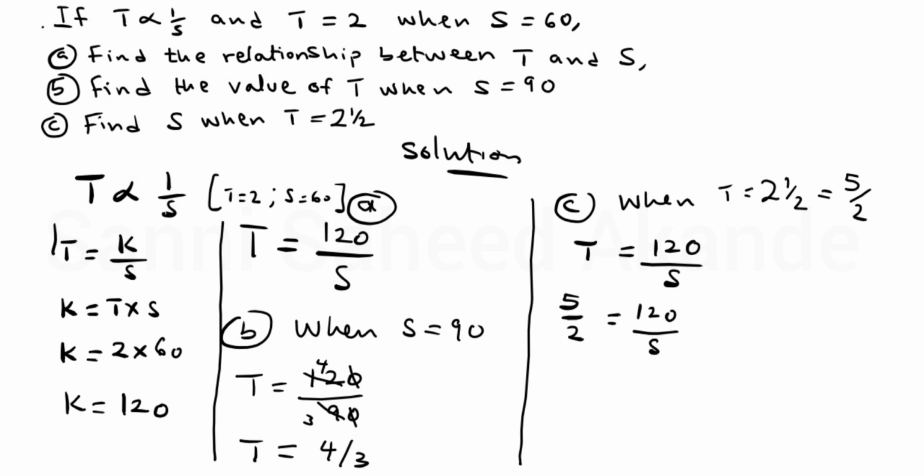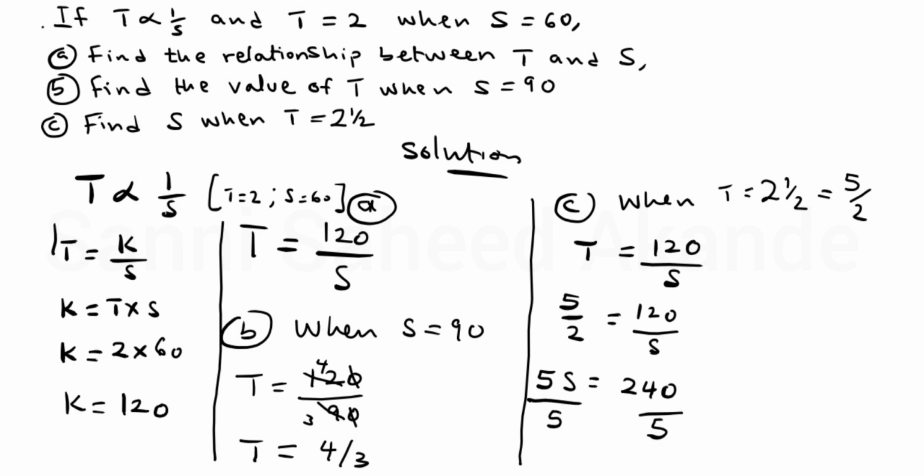Now when we cross multiply, we have 5 times S, that is 5S, equal to 2 times 120. So 2 multiplied by 120 will give us 240. So divide both sides by 5. So this cancels this.